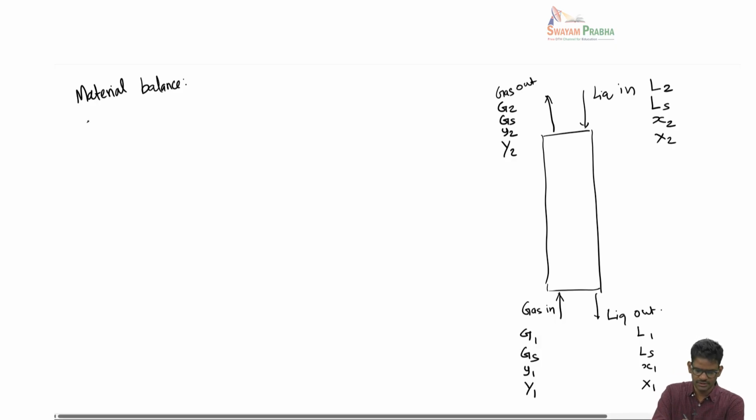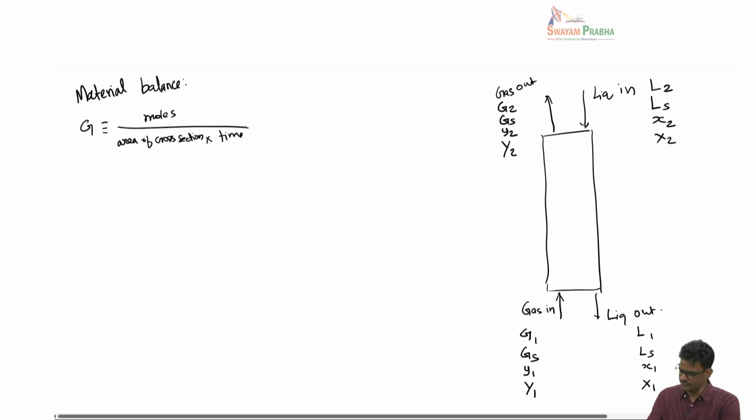So here G1 or G is given in terms of moles per unit area of cross section per unit time. So these are the units of G here, and y and x are all mole fractions.